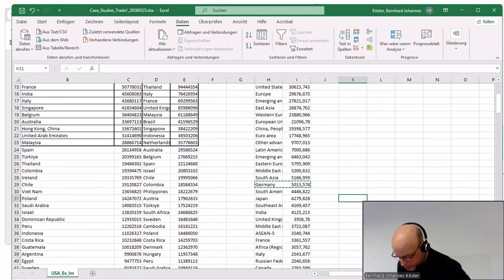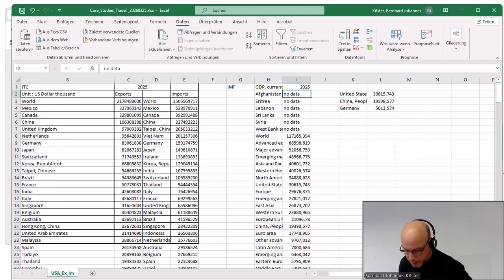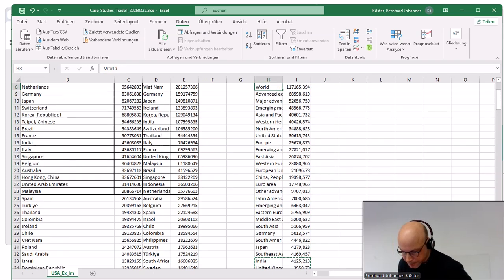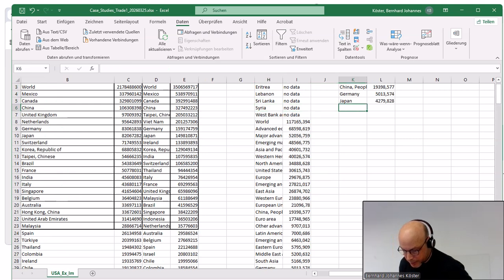Oops. Japan. And India already larger than the United Kingdom. There you see the dramatic change in the world during the last 25 years.